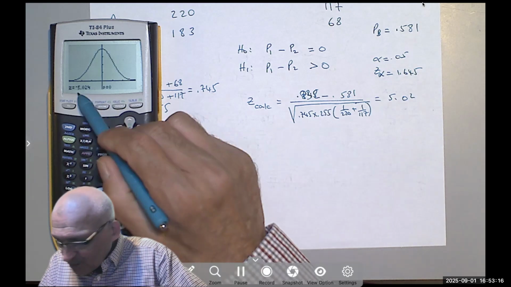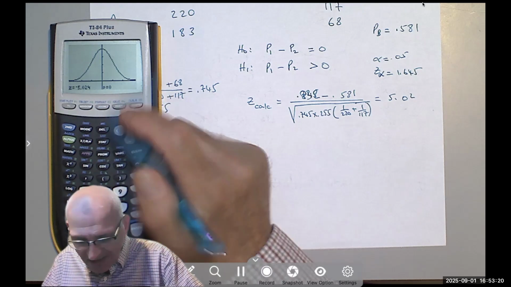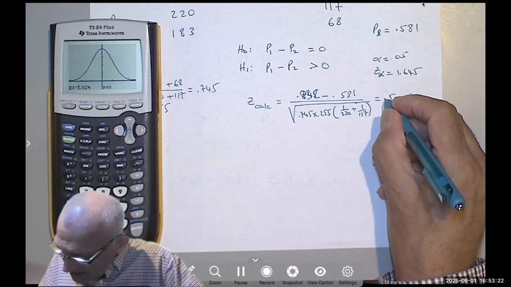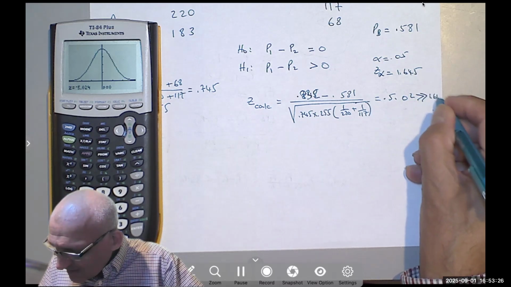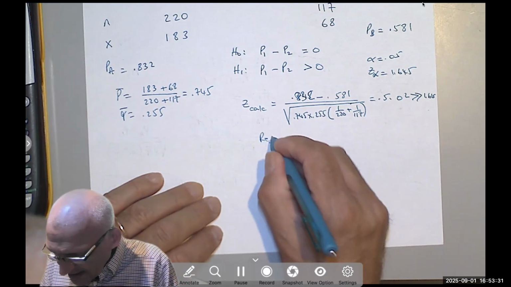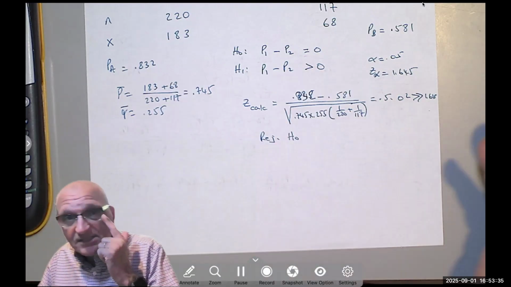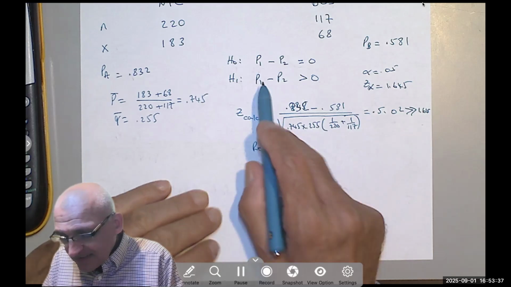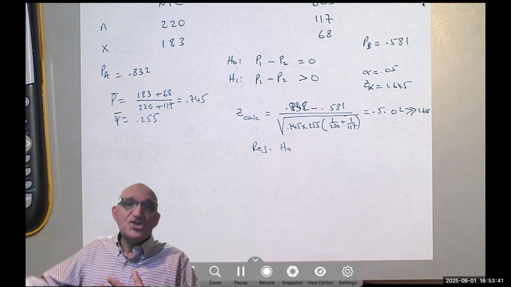Yeah, it's negative 5.024. Wow, that was a very weird problem because we know this is way greater than 1.645. So we will reject the null hypothesis, which means we accept the alternative that the percentage of people in New York wearing seat belts is much higher.